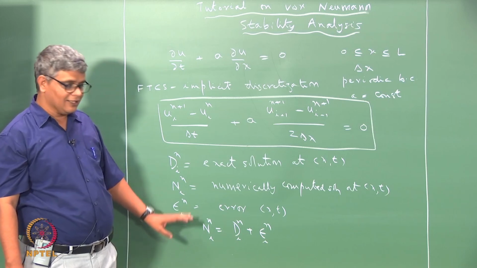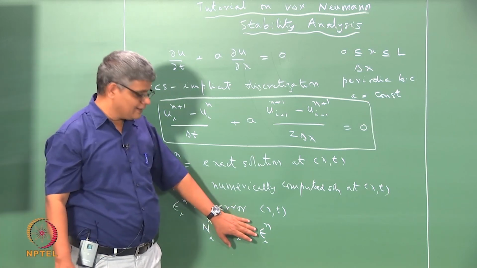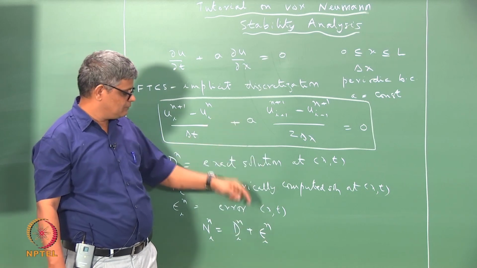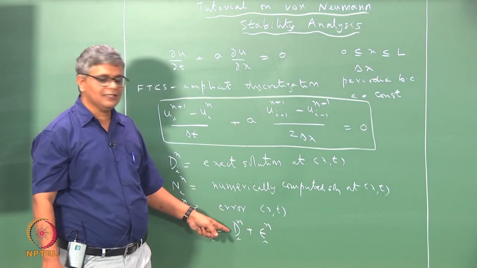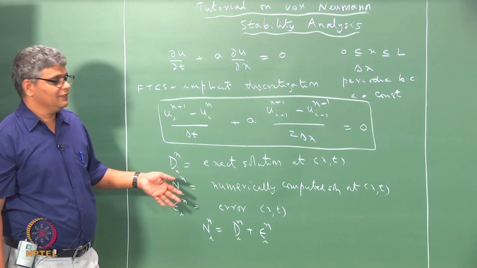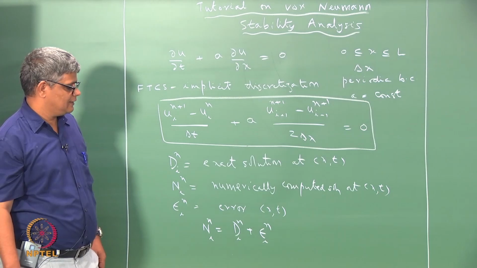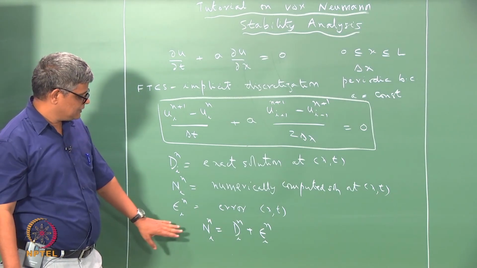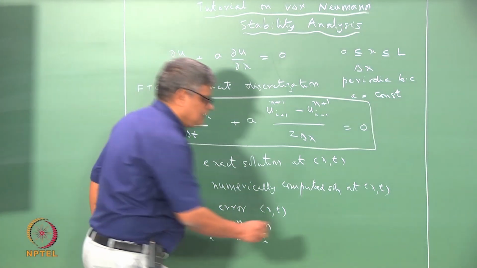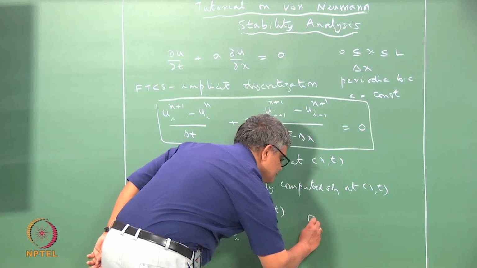So we would like to see under what conditions the error will grow and eventually take us to a situation where this error dominates the exact solution, and therefore the computed solution is no longer like the exact solution. So this is the stability idea.